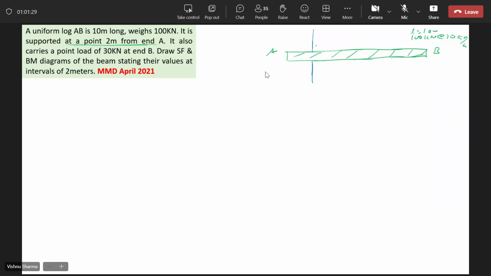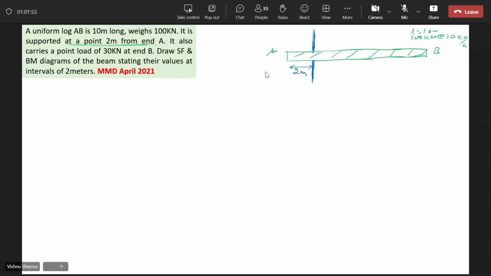Now the beam can be in equilibrium only when it is fixed in a structure like a wall or something. Yes or no? Otherwise, beam cannot remain in static equilibrium. Do you agree with me? So what does it form now? It forms a cantilever, right?